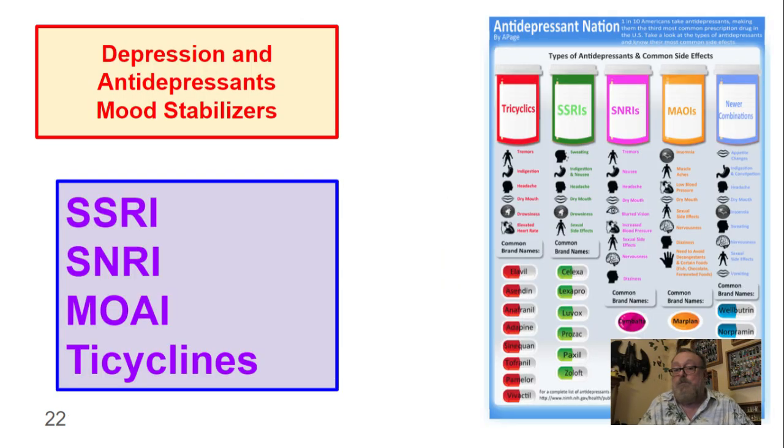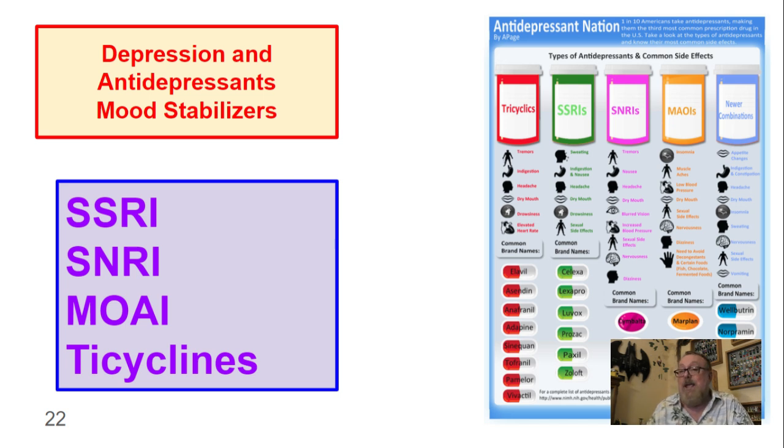Slide 22. Depression is a common mental health condition that causes a persistent feeling of sadness and changes in how you think, sleep, eat, and act. There are several different types, but depression is treatable, usually with talk therapy or medications or both.